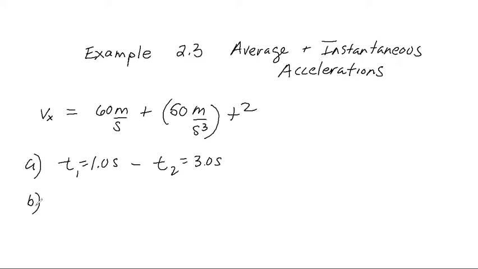And B, we are asked to find the average acceleration in this time interval. Oh wait, I'm sorry, I had read ahead. B says find the average acceleration in the above interval.